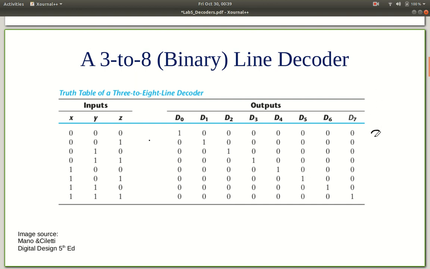So how can we build such a decoder using basic gates? Let's look at each output. If we were to write a Boolean expression for each of these outputs, then notice that each output corresponds to exactly one minterm. D0 corresponds to this minterm, D1 corresponds to this minterm, and so on. So it's straightforward to build this decoder.